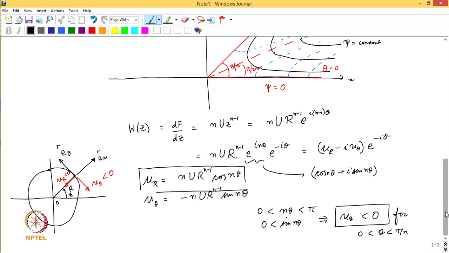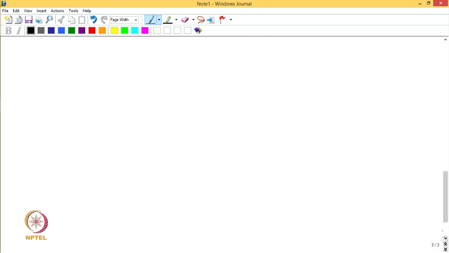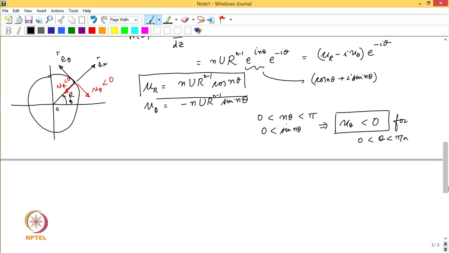So, if you look at u r, and let us put it here again, u r is n u r^(n-1) cosine n theta. So, between theta of 0 and pi by n, or I could say n theta between 0 and pi, the cosine function changes its sign.